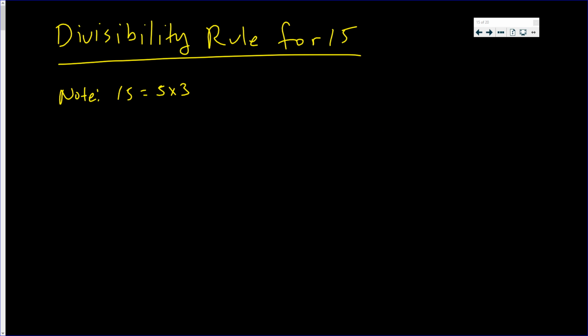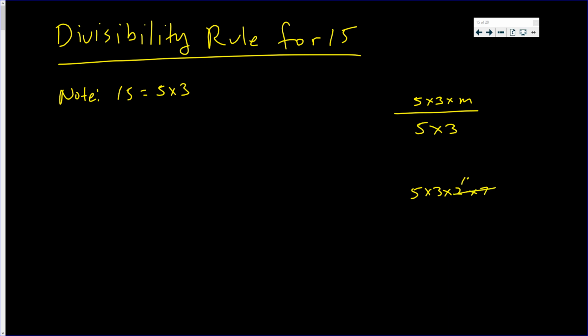Now, the importance of this is the only way 5 and 3 can go into a number is if the number, when you factor it, has 5 and 3 as factors, and we can multiply the other factors together. Maybe it's 5 times 3 times 2 times 7.